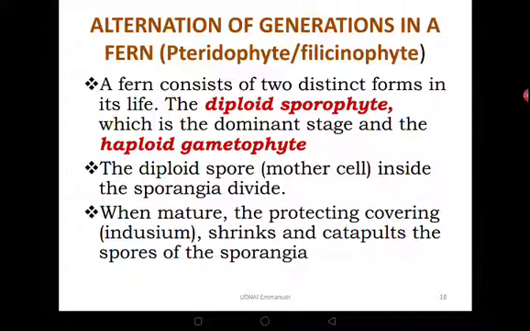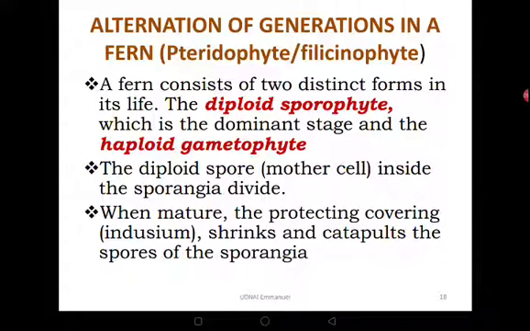Remember, the sporophyte produces spores. Gametophyte produces gametes, the sperm and the ova, the eggs. Sporophyte, spores. Gametophyte, gametes. Okay.